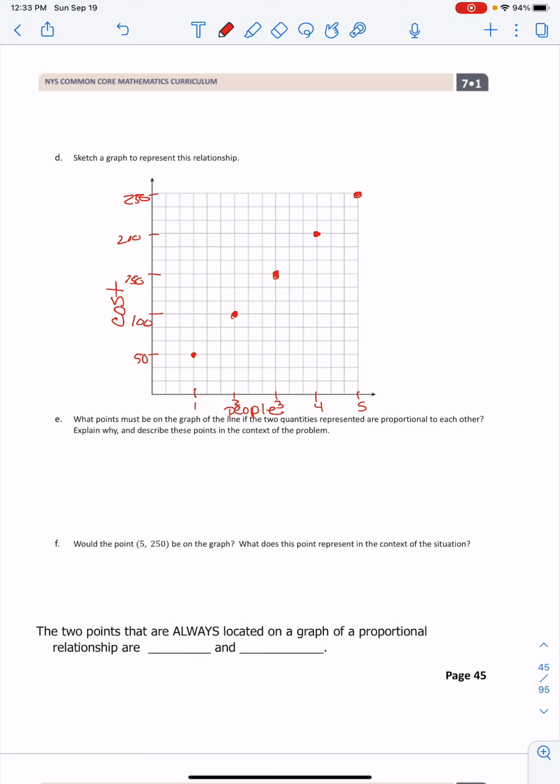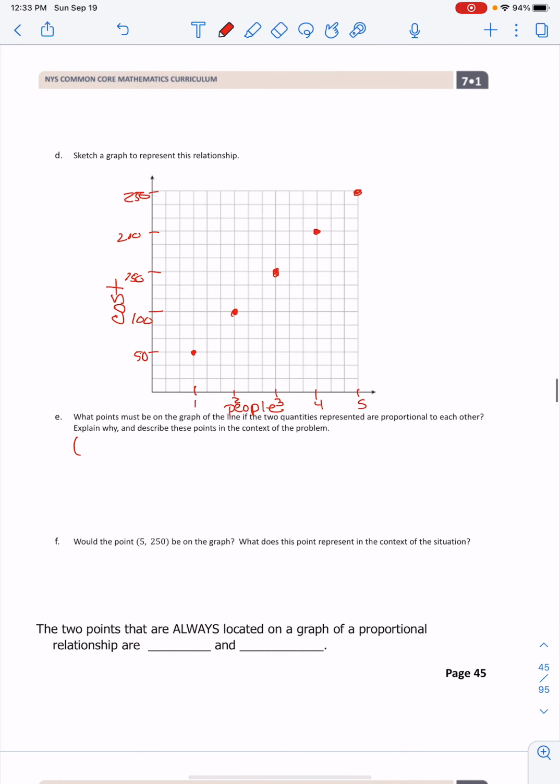Well, the 2 points that have to be on the line are 1, R and 0, 0. The first is the unit rate. The second is when there is a zero amount.